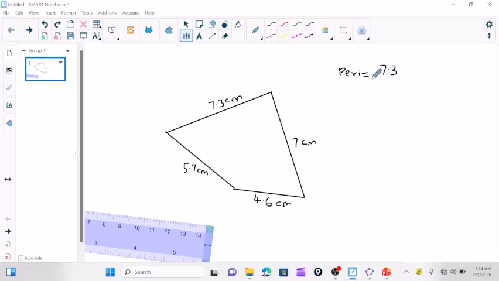So 7.3 plus 7, going around like this, the next is 4.6, and after 4.6, I have my 5.7. Then do your addition. That is all. That is perimeter.